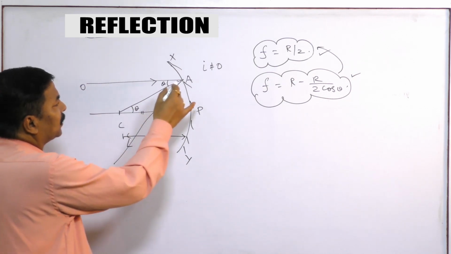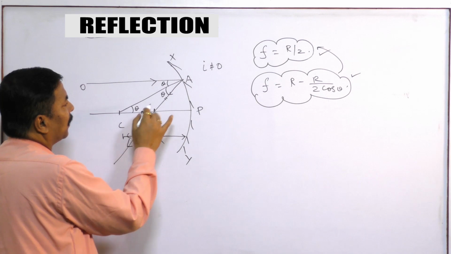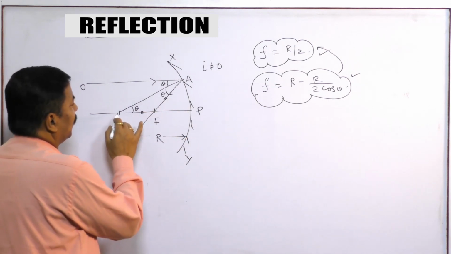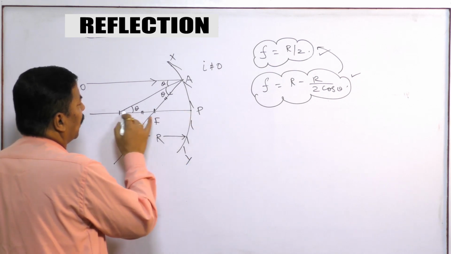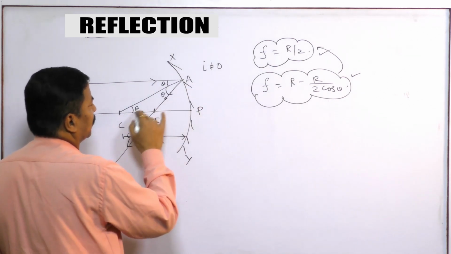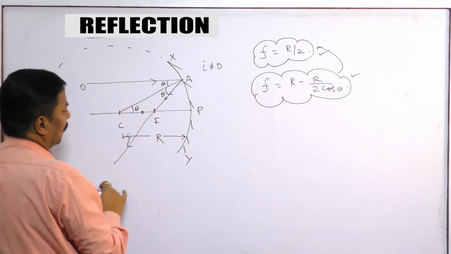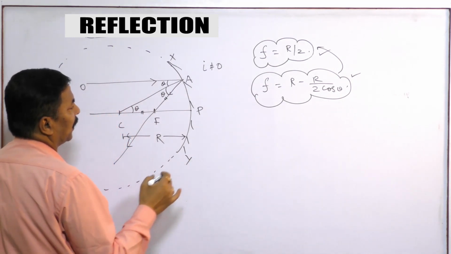Now this becomes an isosceles triangle, so this side becomes equal to this side. This is also the radius of curvature, because it is part of the same sphere.